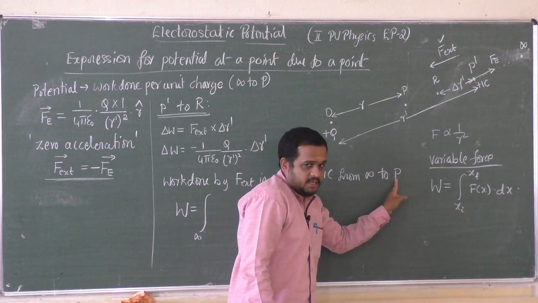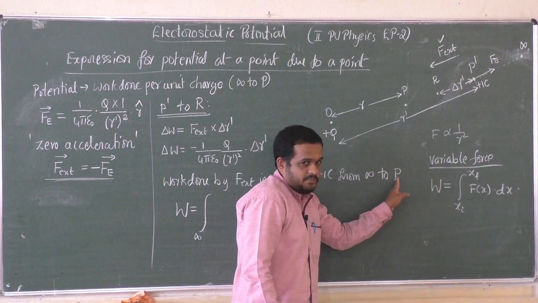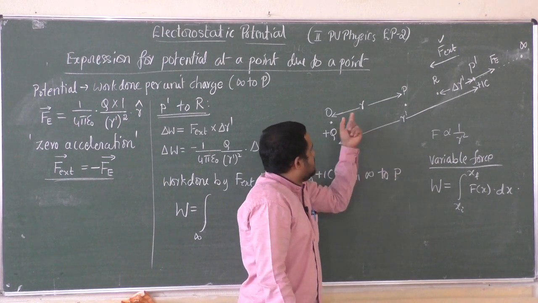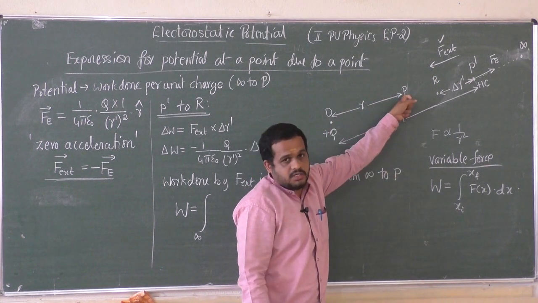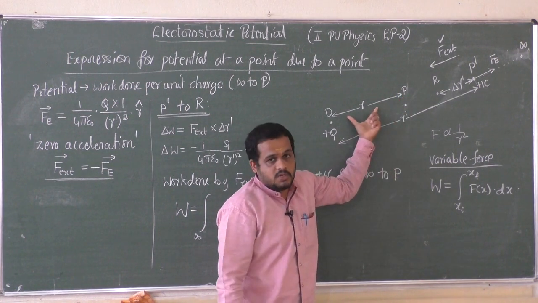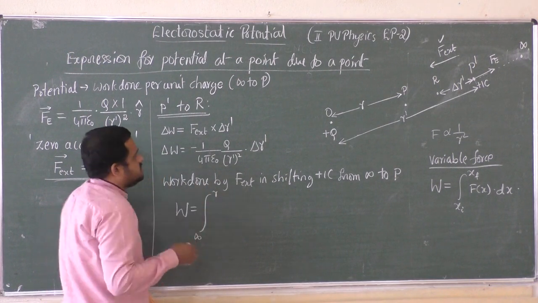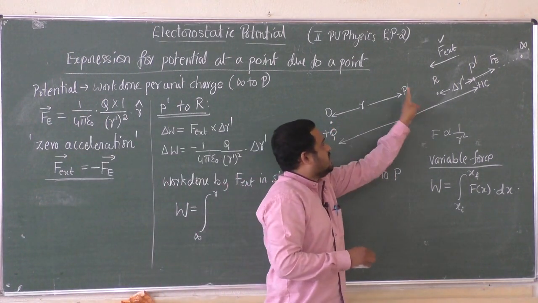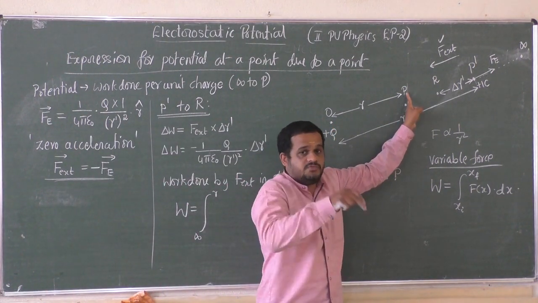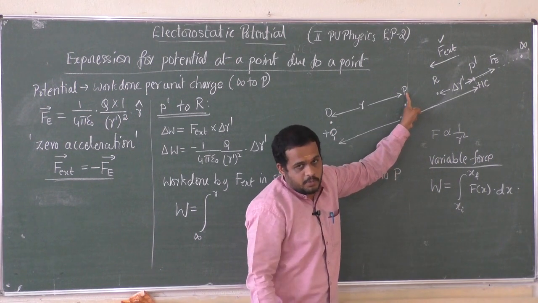Now what is the distance from the source charge to that point? It is equal to r. So here the upper limit is r, that is the distance between the source charge and point P at which we want the expression for potential.